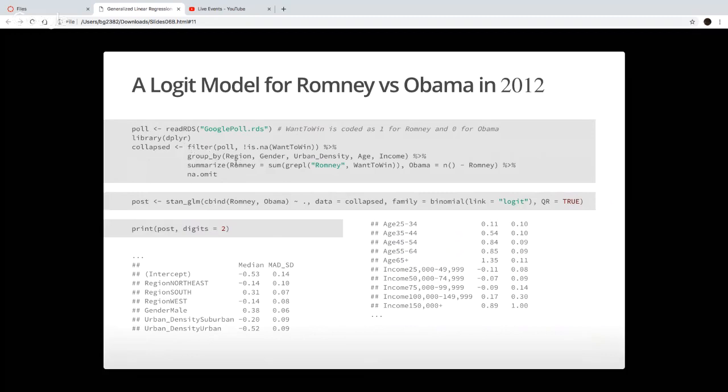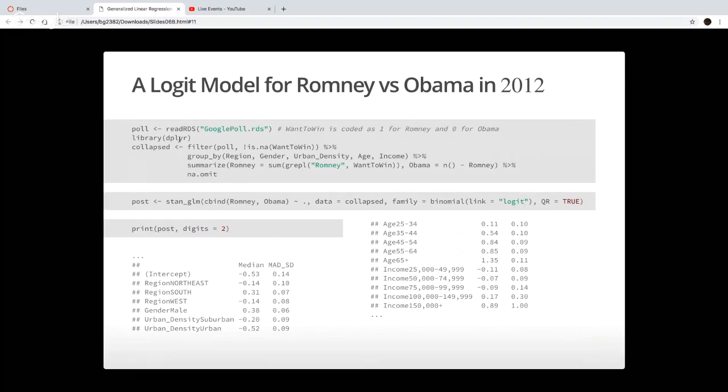When estimating a model like this, where all of your predictors are categorical, you can go from Bernoulli to binomial just by summing up the number of successes within each configuration of the categorical variables.